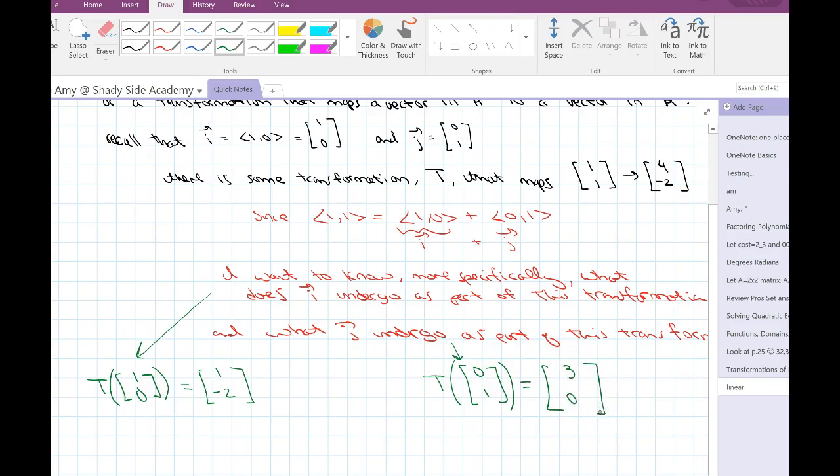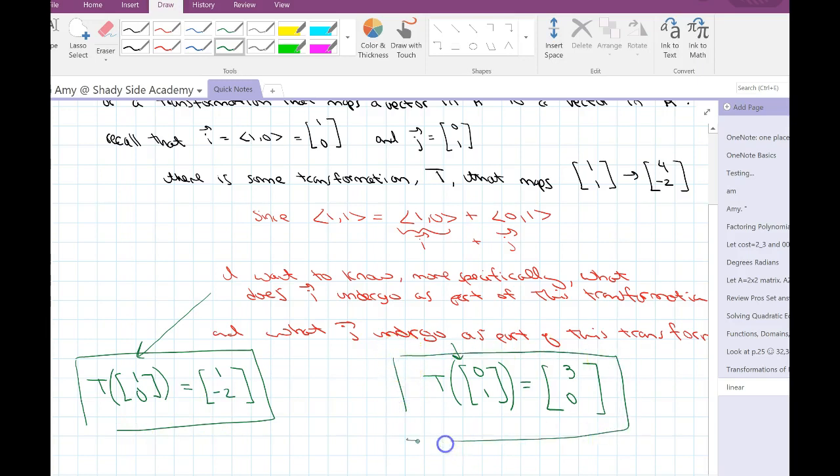Now, this information is extremely valuable because, remember, the number 1, in air quotes, in two-dimensional vector space is i and j.